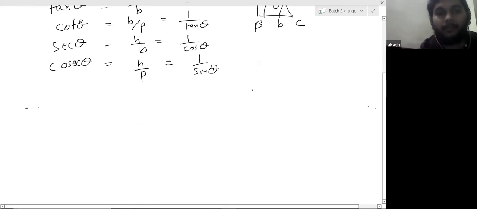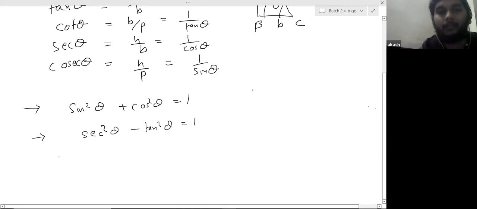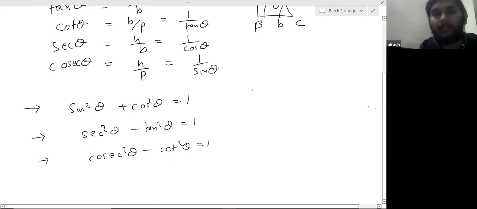Three identities we know: sin square theta plus cos square theta is 1, secant square theta minus tan square theta is 1, cosec square theta minus cot square theta is 1. This all we did in class 10.